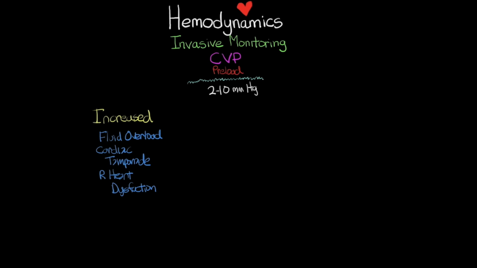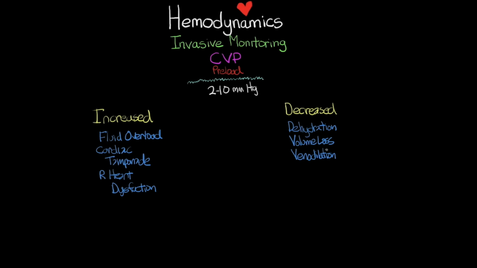Now, on the flip side, some cases in which you might see decreased CVP or decreased preload would be things like dehydration, volume loss, and this can be either fluid or blood. And lastly, venodilation.